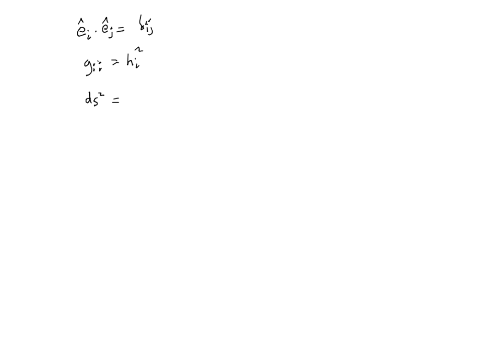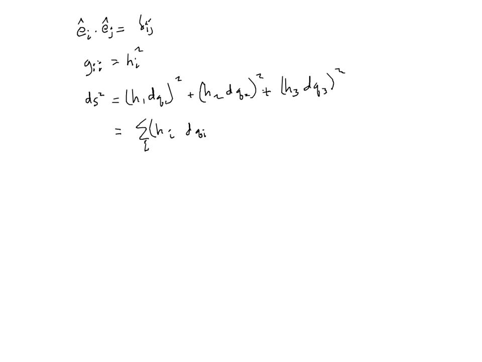And so now ds squared is going to be equal to h1 squared dq1 squared plus h2 squared dq2 squared plus h3 squared dq3 squared, or the sum over i of h_i squared dqi squared.